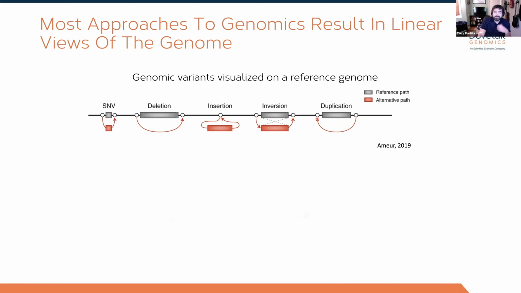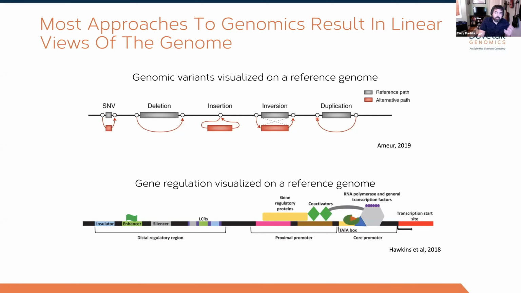Additionally, gene regulation is also very much viewed in this linear fashion, where you have these distal regulatory elements that we know interact with promoters and enhancers, and they're some distance away, up to tens of kilobases. And then you have your promoter and activation factors and where Pol II binds and starts transcribing.